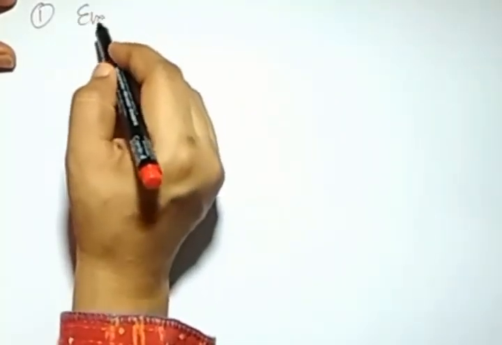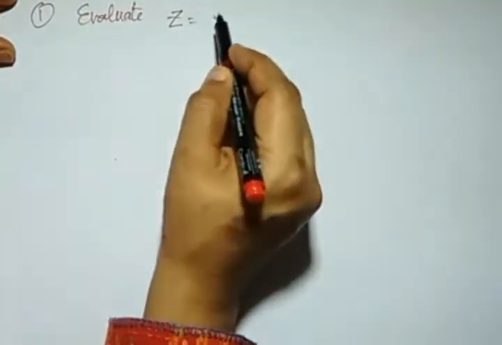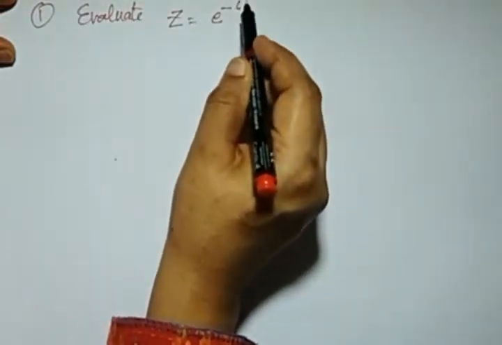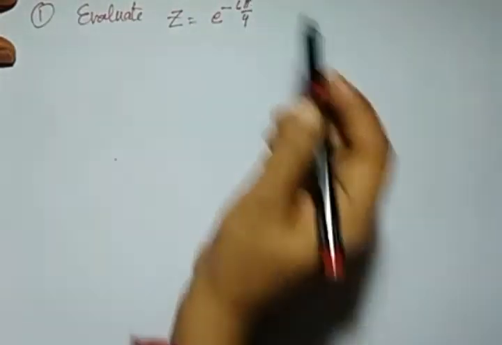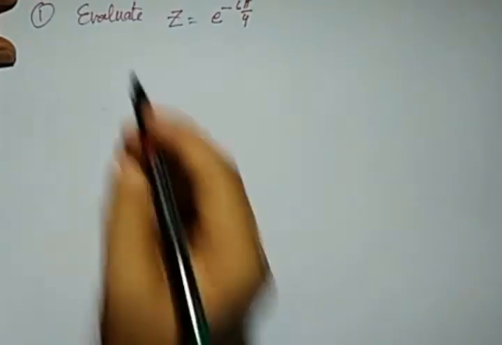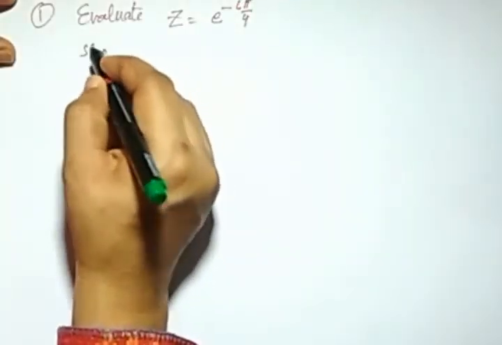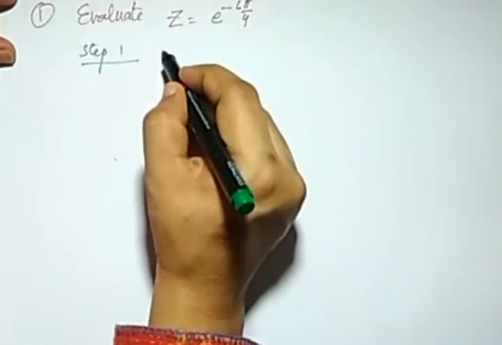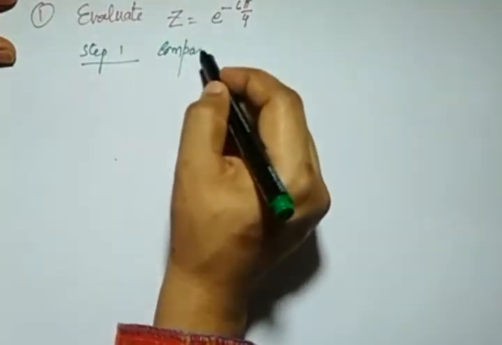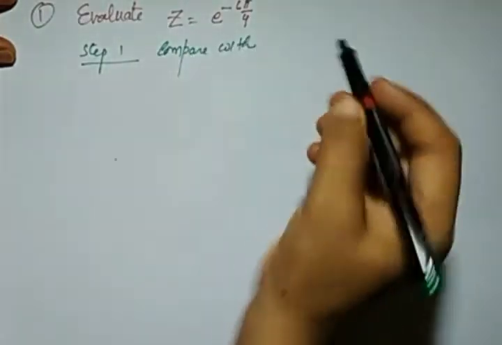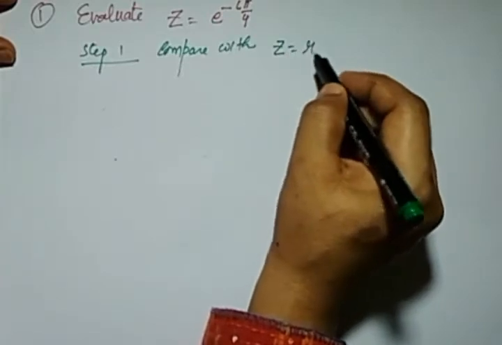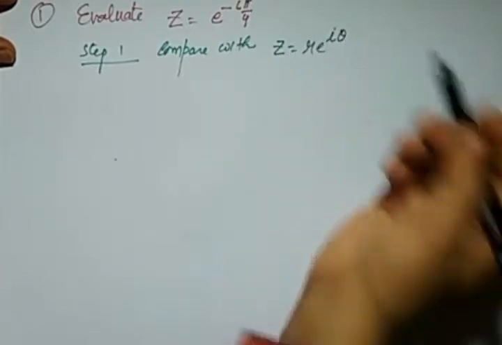The first question is, you are given, evaluate z equals e raised to power minus I pi by 4. So step 1 is compare with z equals r e raised to power I theta.